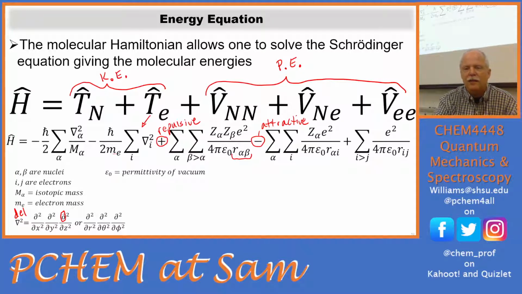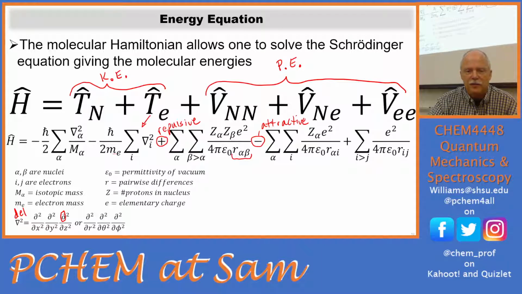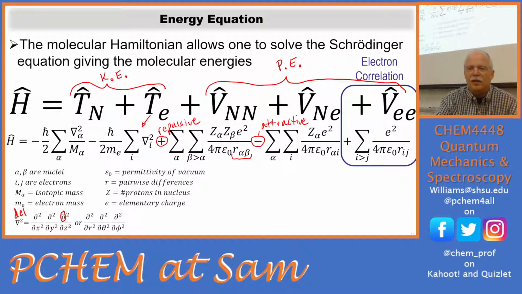And then lastly, we have these pairwise differences, and then we have this last piece called electron correlation. This is the electron-electron repulsion. And this is where we have the trouble, is trying to calculate the position of the electron, because the electron is being treated by a wave.